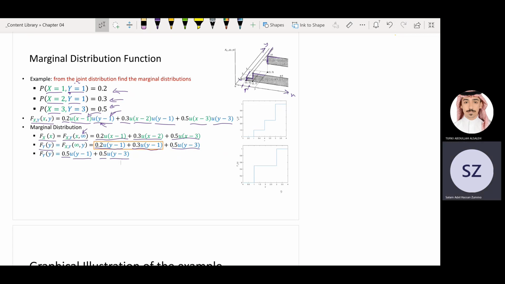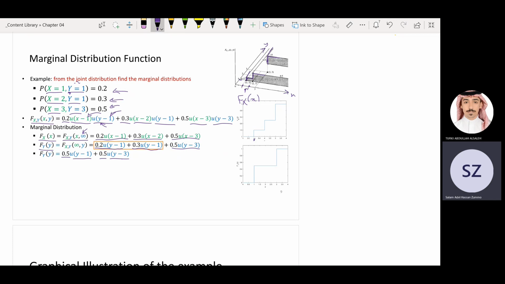Now, if we want to plot the CDF of x, so this is the CDF of x. You have 3 and you have 1.